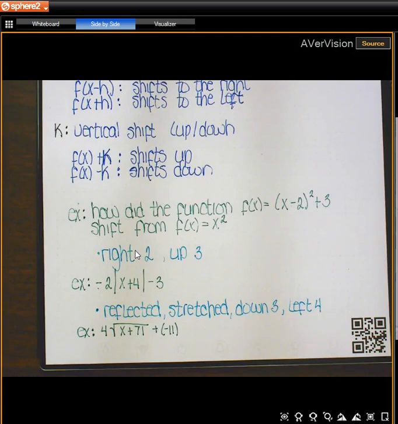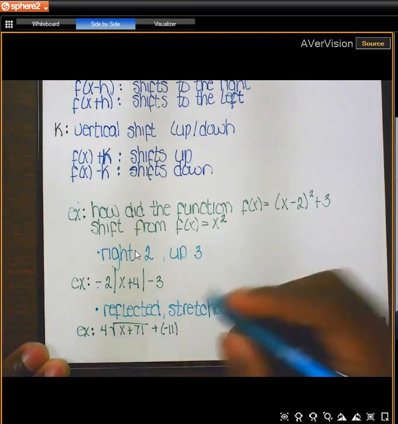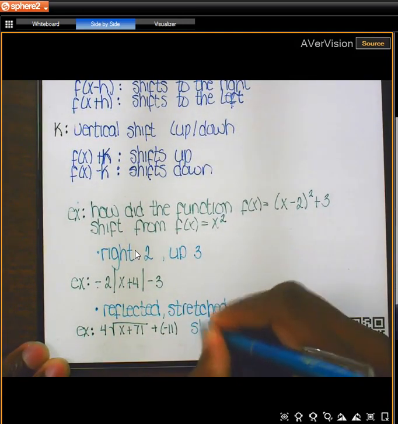What transformations happened? Yes. So this 4 is greater than 1, so that's a stretch.